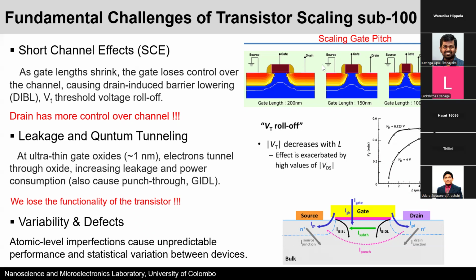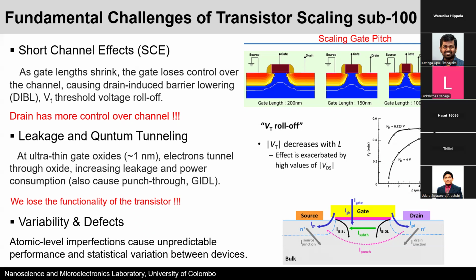And as we make this channel length smaller, more and more electric fields actually end up in the channel. A higher percentage of these fringing fields end up in the channel. And because of that, we lose the gate control. The drain voltage starts controlling the channel. And that's called the drain induced barrier lowering.